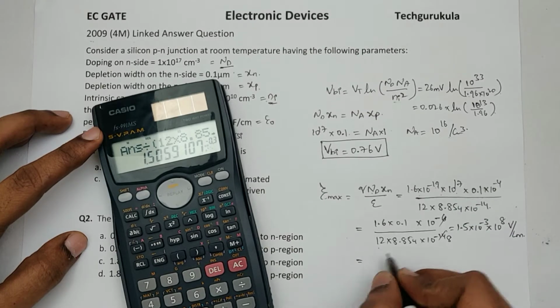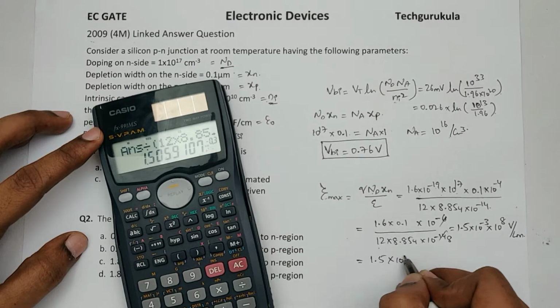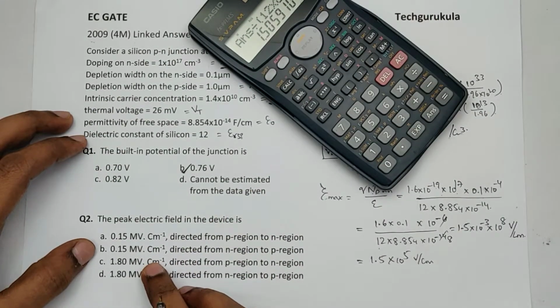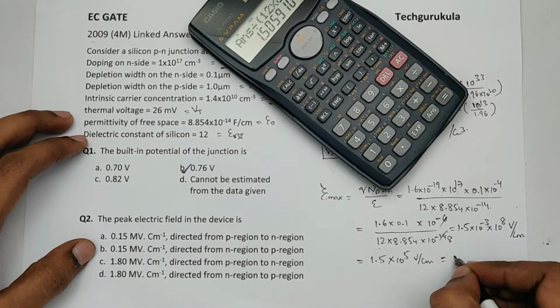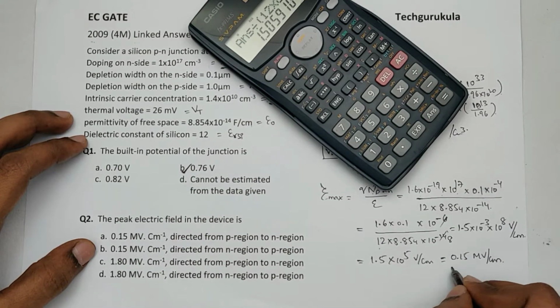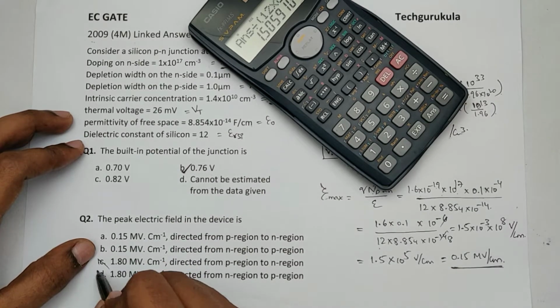So this can be written as 1.5 times 10 power 5 volt per centimeter. Now here they are asking in megavolts, so let me write this 0.15 megavolts per centimeter. This is the maximum electric field. So these two are not the answers.